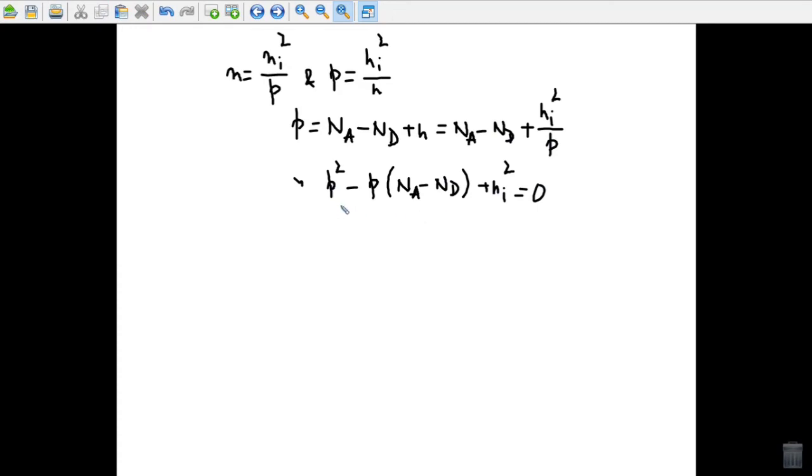The equation is like the quadratic equation ax square plus bx plus c is equal to 0.